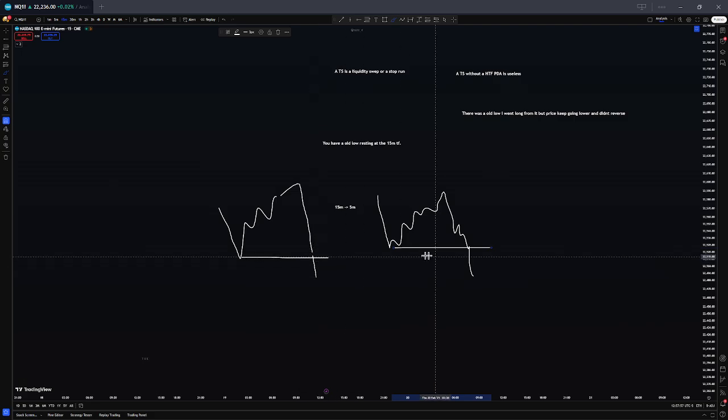You will not enter at the turtle soup. You will wait for a breaker, or you can wait for many confirmation entries, but in my opinion the breaker is the best. It's around a 70% chance that you are gonna win. You're gonna wait for a breaker to form on the 5-minute, and you go long from that.